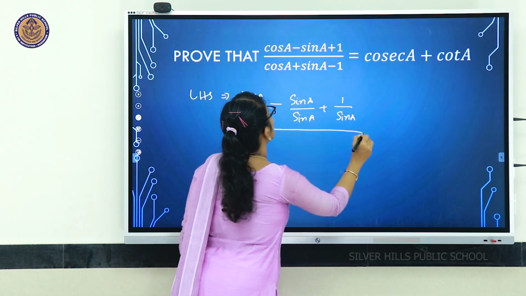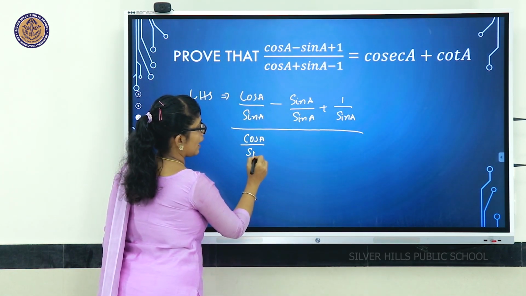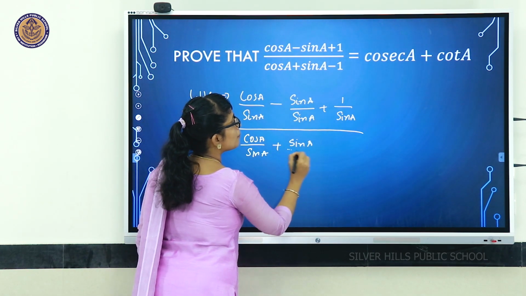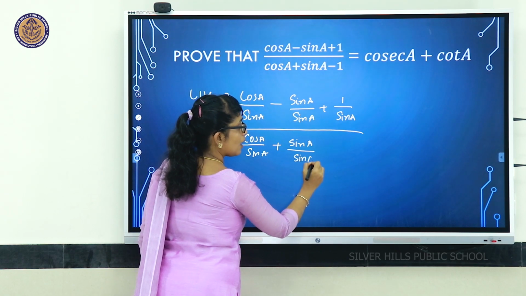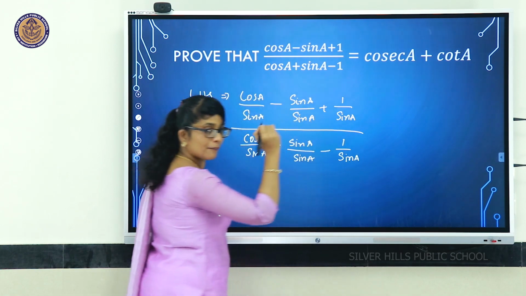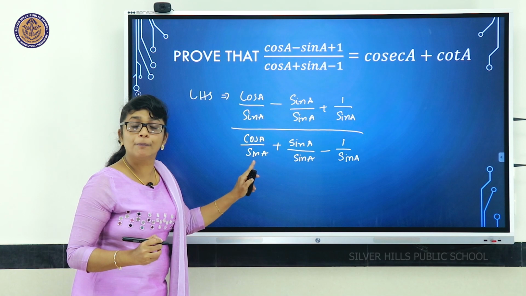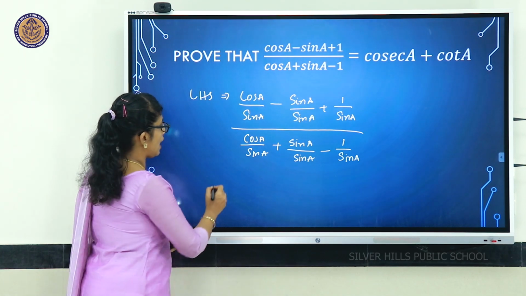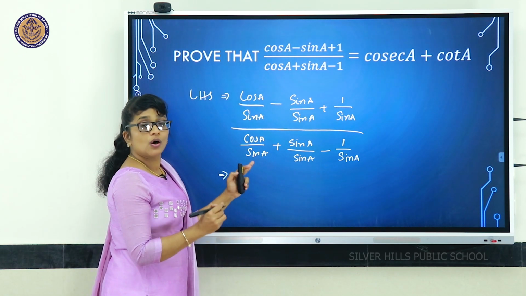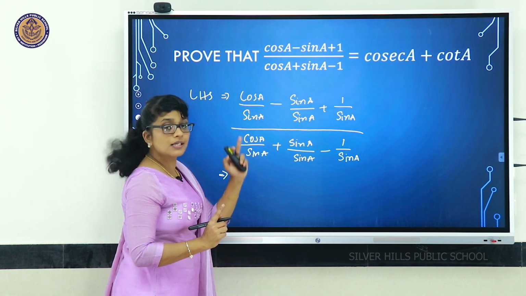Then cos A by sin A plus sin A by sin A minus 1 by sin A in the denominator. Each term is divided by sin A. What is cos A by sin A? We studied the quotient rule and reciprocal rule.